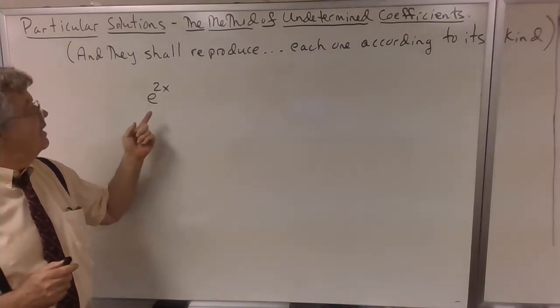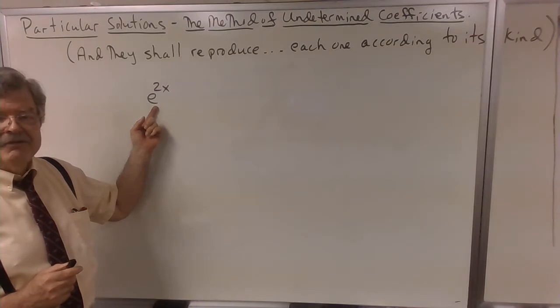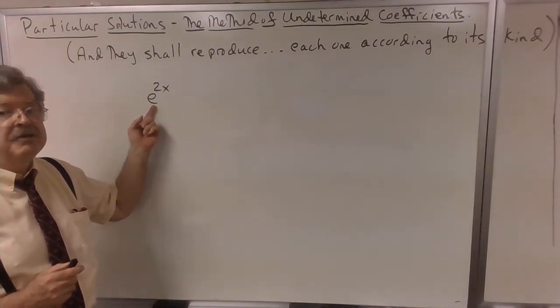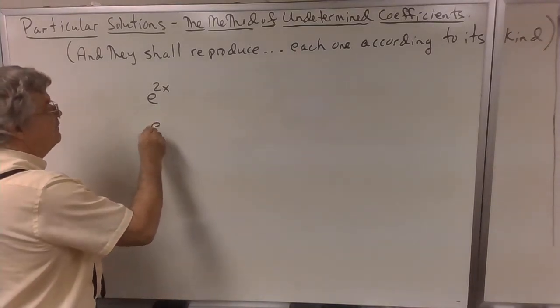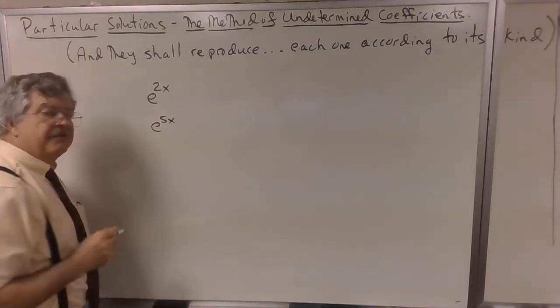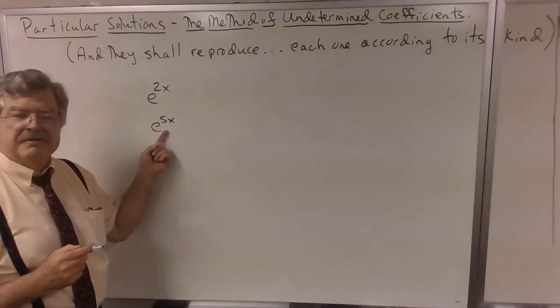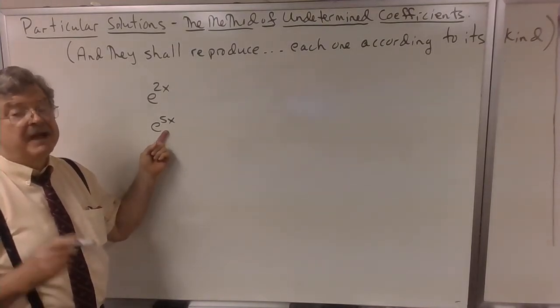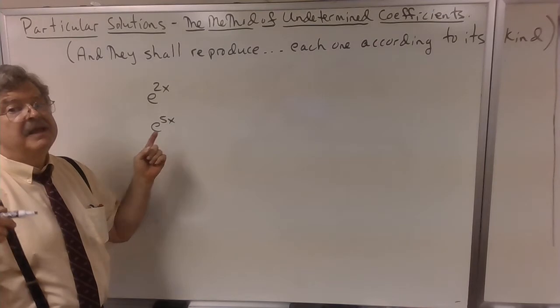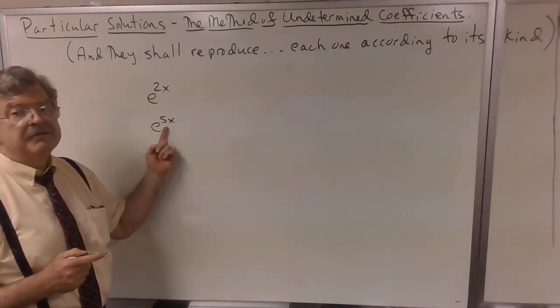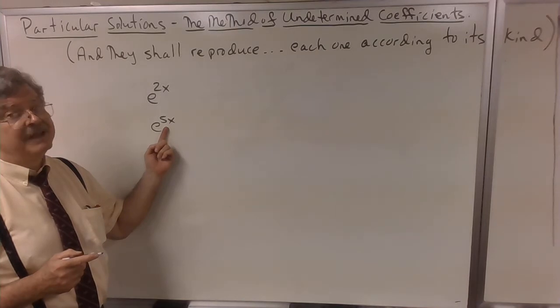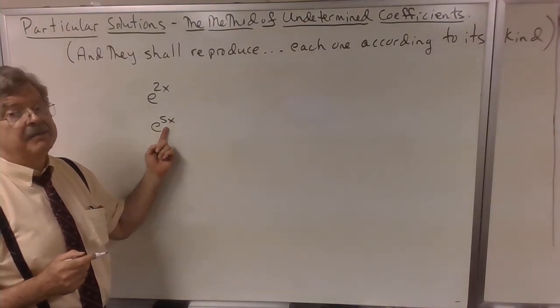No. If I want e to the 2x, my function better contain e to the 2x. If I want e to the 5x, the function that I compute the derivative of to get e to the 5x better contain e to the 5x. I'm not going to get e to the 5x by computing the derivative of e to the x. That's not going to happen.